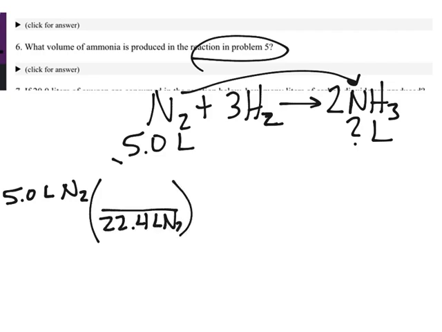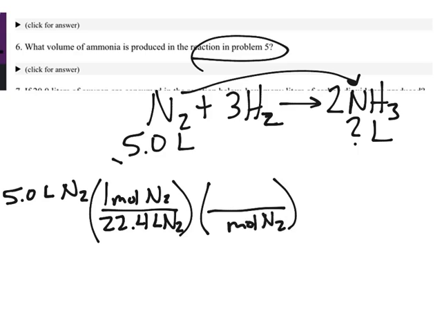22.4 liters of N2 is 1 mole of N2. Mole of N2 on the bottom, mole of NH3 this time on top, and it's a 2 to 1 ratio.